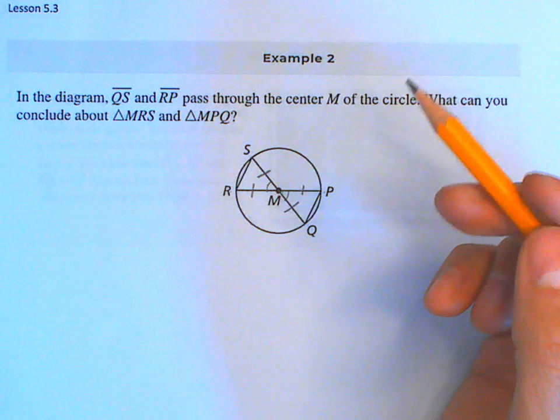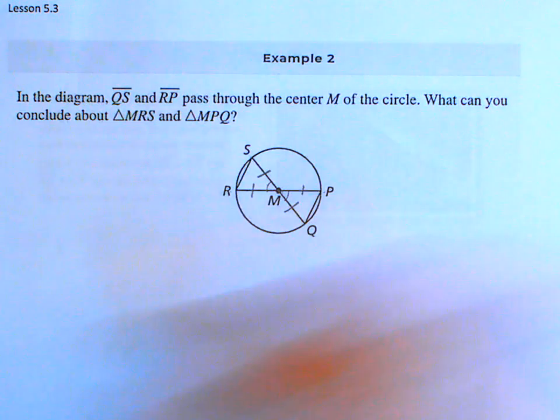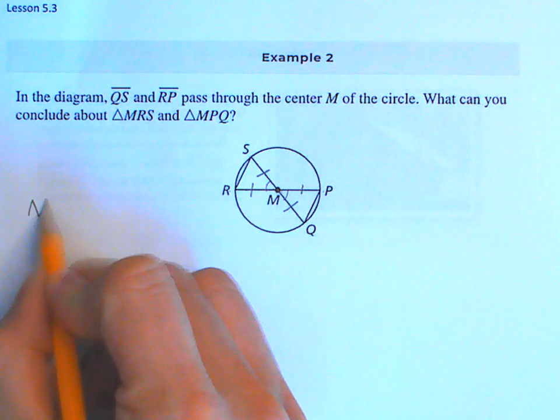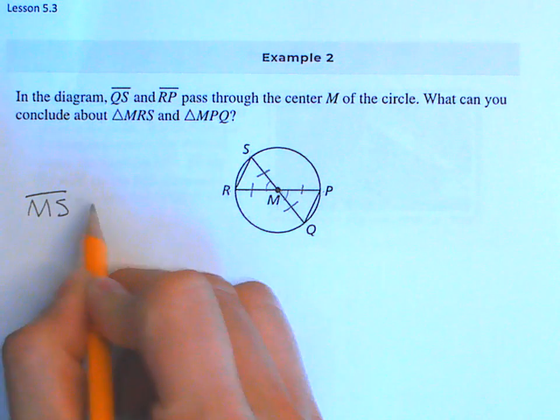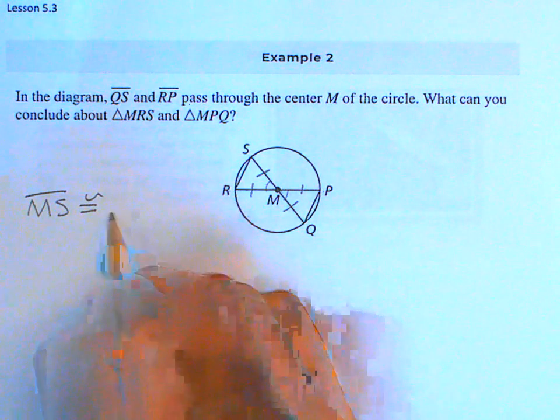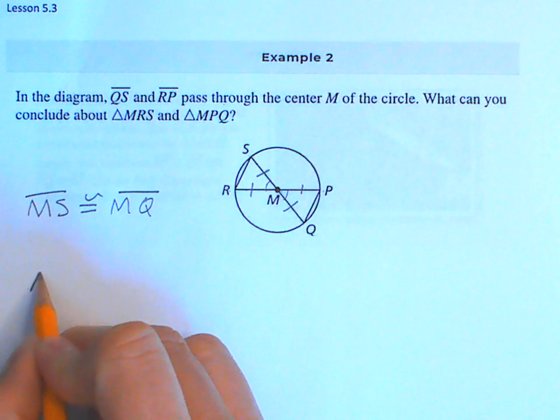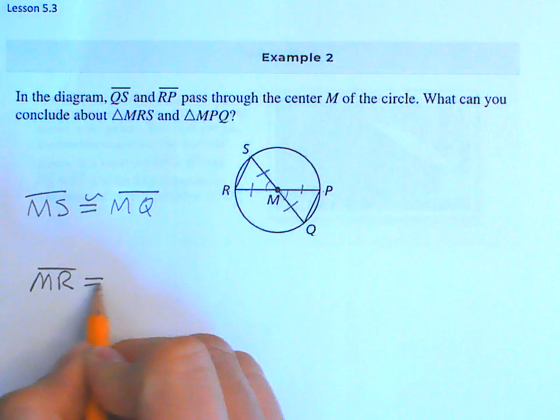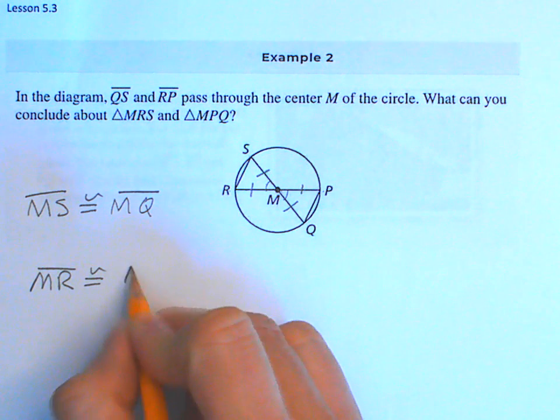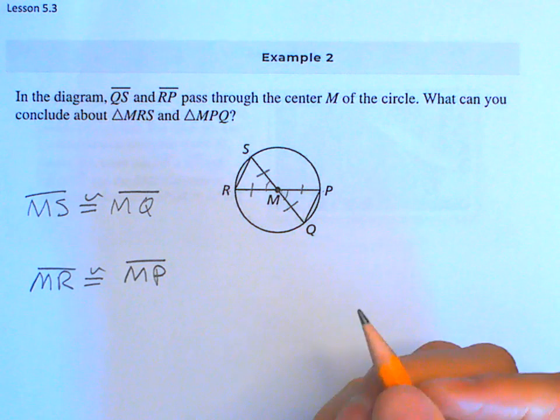Therefore, the triangles are going to be congruent by side angle side. Okay, so here's what you have. You have MS congruent to MQ. You also have MR congruent to MP. Okay, there's your two sides.